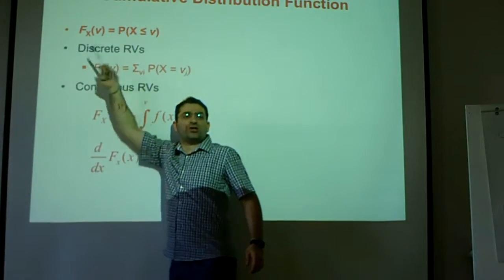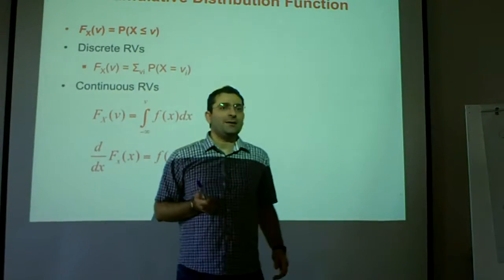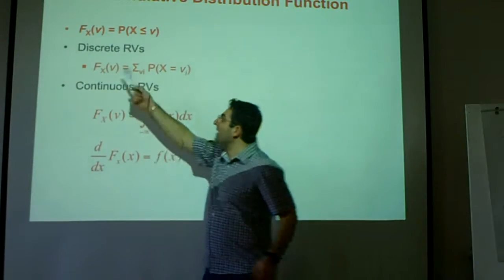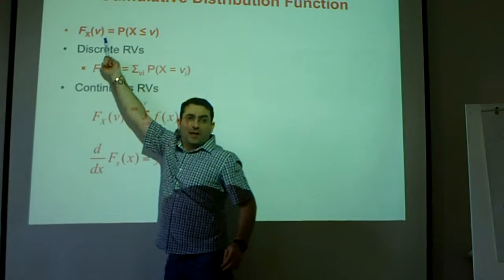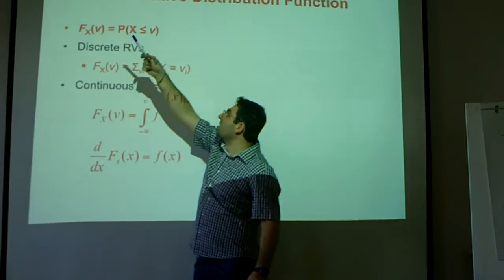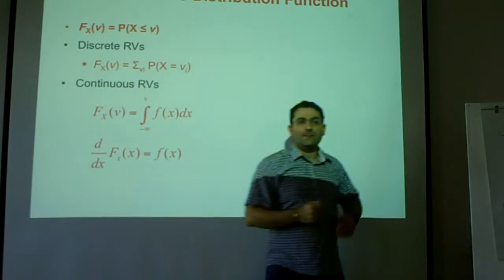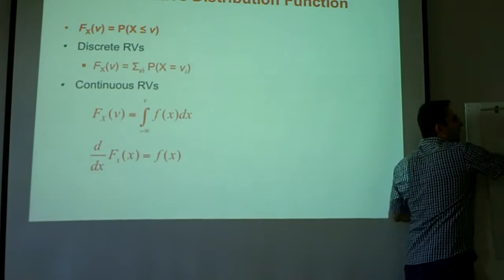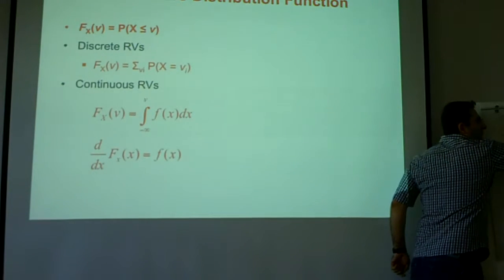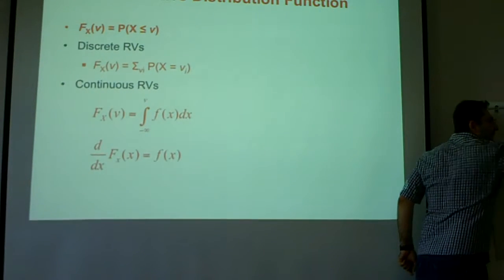We usually use lowercase f for the probability distribution and capital F for the cumulative one. It says F(v) is the probability of all the random variables which are less than or equal to v. In other words, if you write F(5), it is the probability of all the values which are less than or equal to 5.